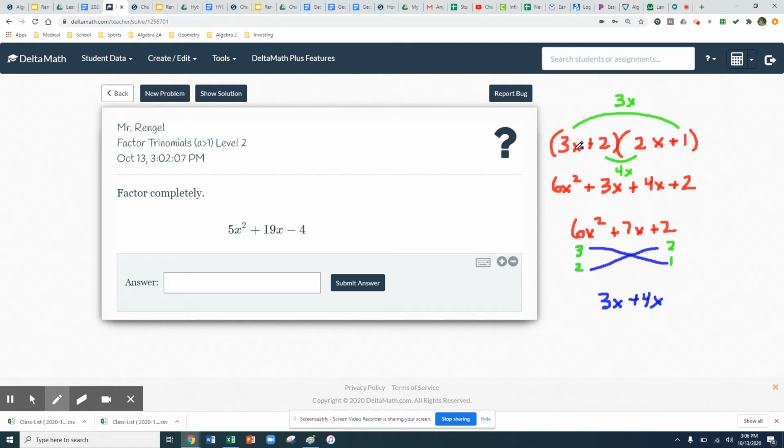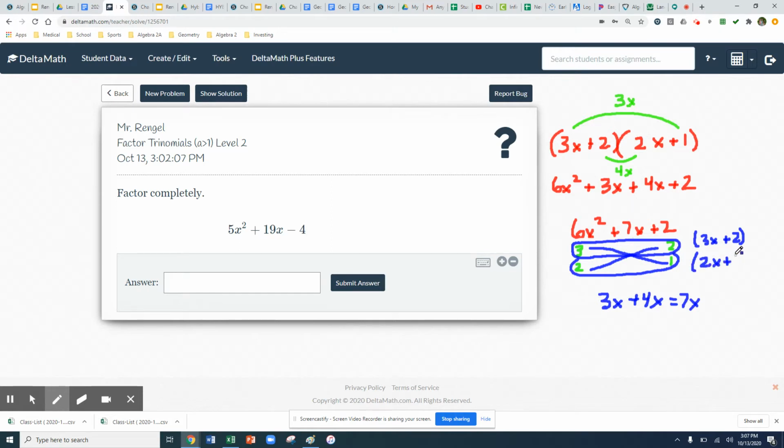You'd be checking your outsides and insides to see if that's going to match up to that middle term. Well, 3x plus 4x does equal 7x. So that means these top two numbers are going to equal my first binomial, which was 3x plus 2. And those bottom two factors, 2 and 1, make up my second binomial, 2x plus 1.